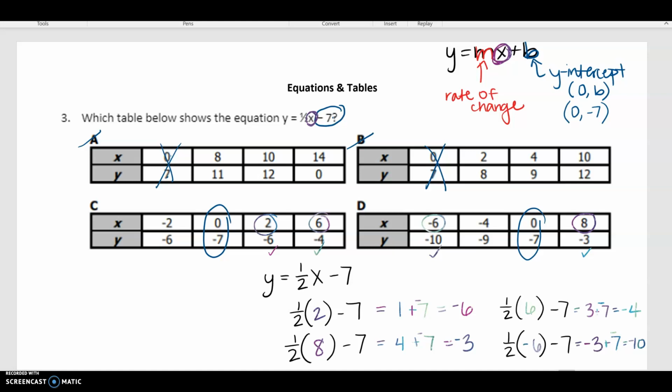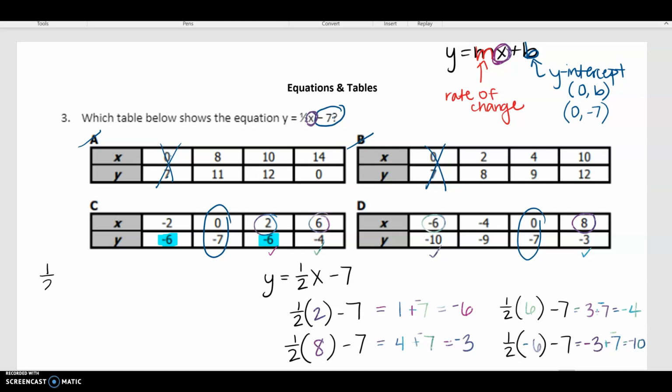Now, one thing, maybe somebody has noticed, maybe you haven't. But look here. We have -6 as a value for 2 and -2. Okay, in a straight line, you will not be able to have two different y values for one x value, or one y value for two different x values.